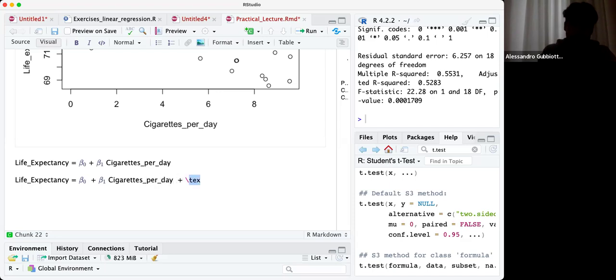But now we also take this beta 2 times glasses per day.